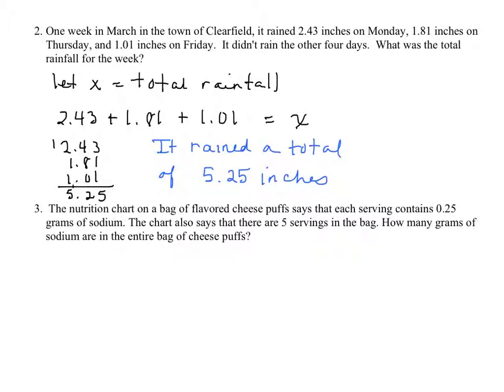Next. The nutritional chart on a bag of flavored cheese puffs says that each serving contains 0.25 grams of sodium. The chart also says there are 5 servings in a bag. How many grams of sodium are in the entire bag of cheese puffs? So let x equal total grams of sodium.